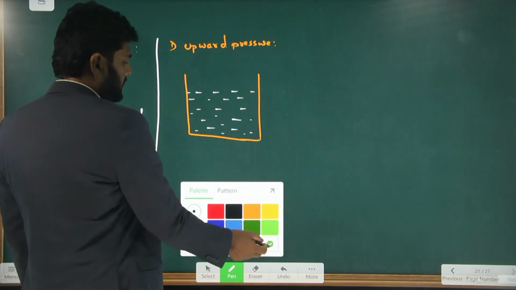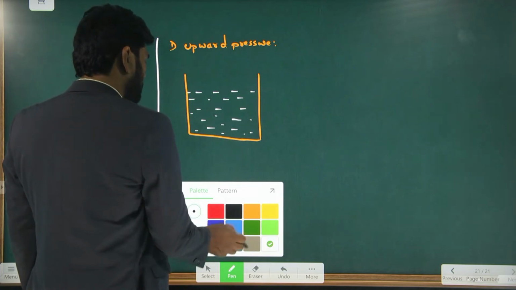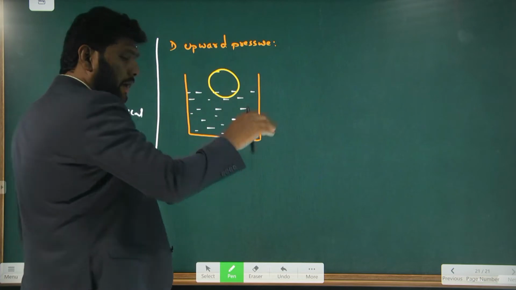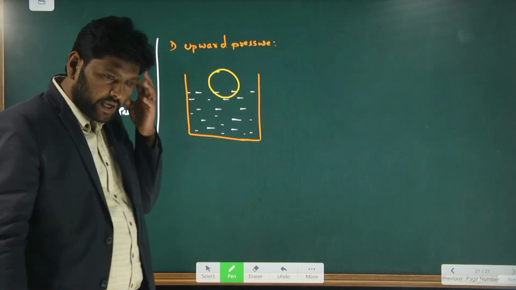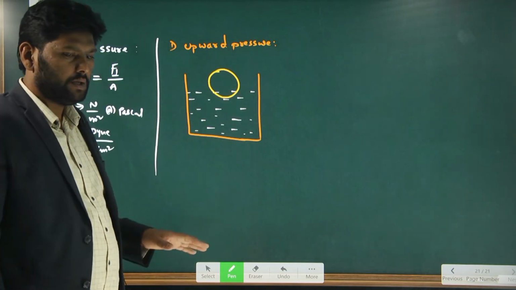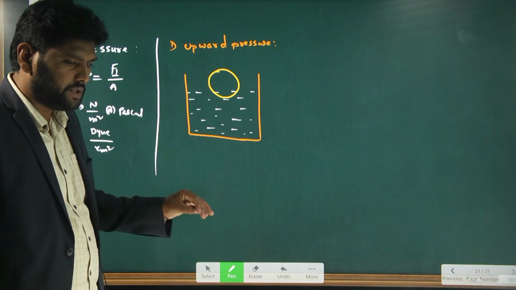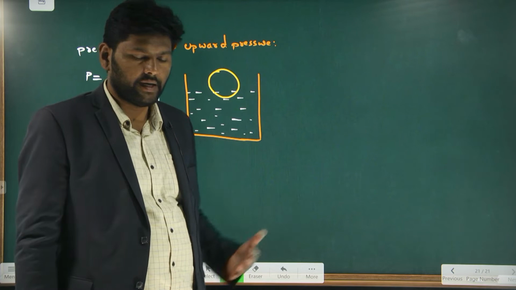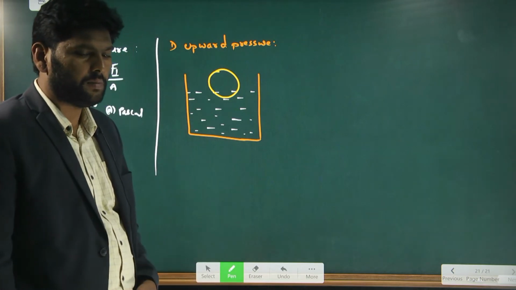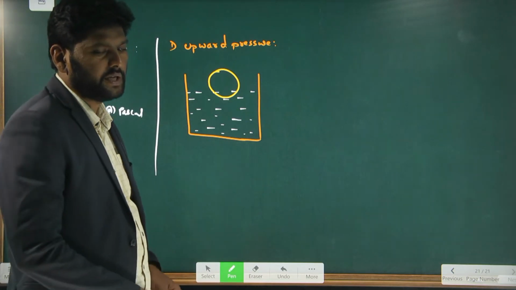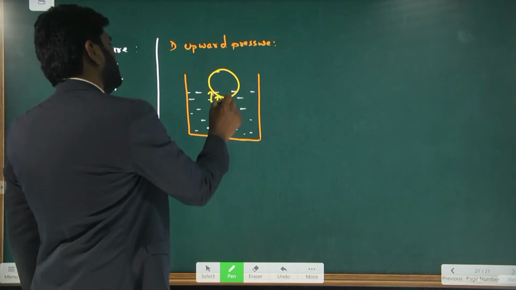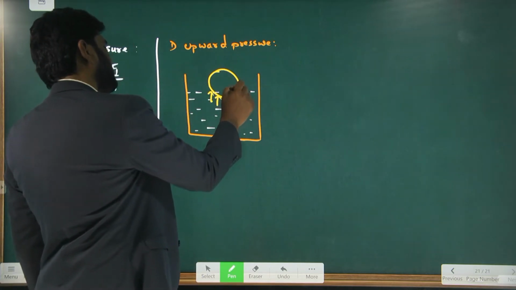In this liquid keep a plastic ball and press it. After pressing, just leave the ball. Remove your hand. What happens? In which direction will the ball move? Upward it is moving.